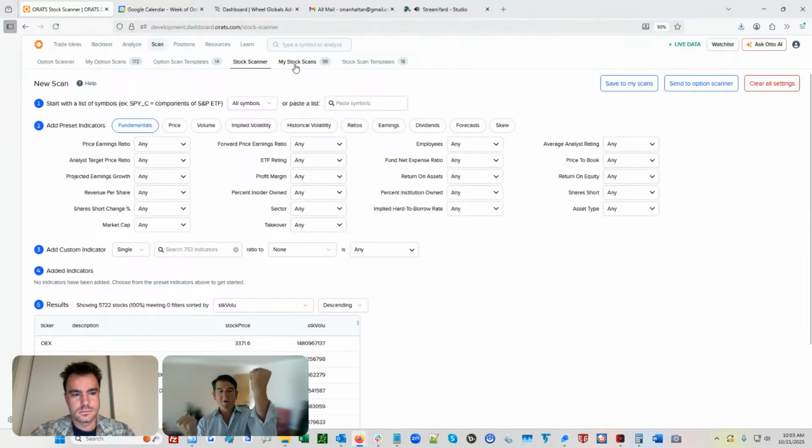Yeah, absolutely. So what you want to do is find where the front month is greater than the back month, but we also have a measurement of what is called forward volatility. If everything was flat, the forward volatility would be equal to the front and back month. So it's 30, 30, the forward's 30.